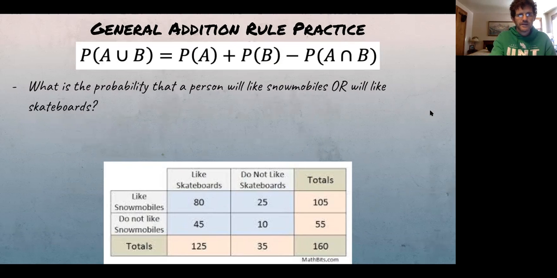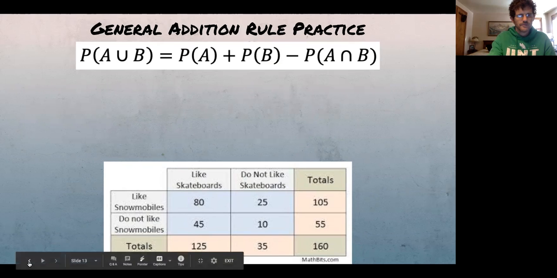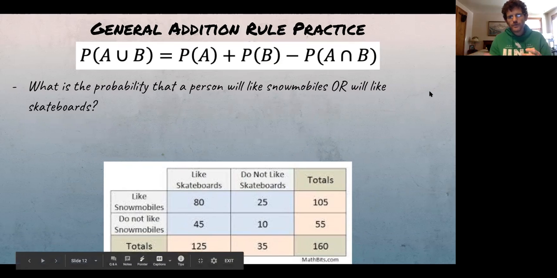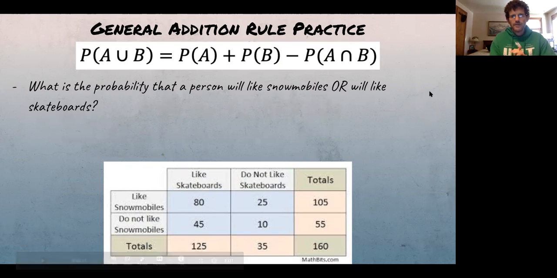What's the probability that a person will like snowmobiles or will like skateboards? All right. Maybe I'll give you a second to think about it, and maybe you can come up with your own answer before I run through it. So what's the probability that a person will like snowmobiles or will like skateboards?